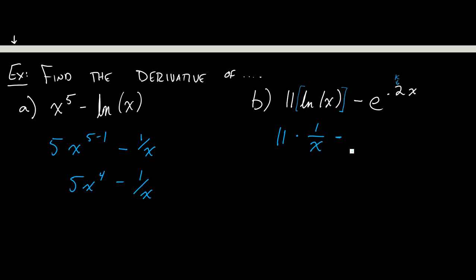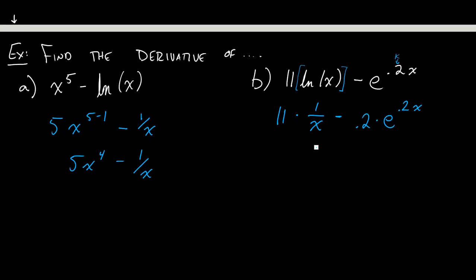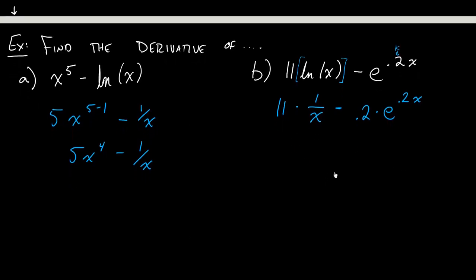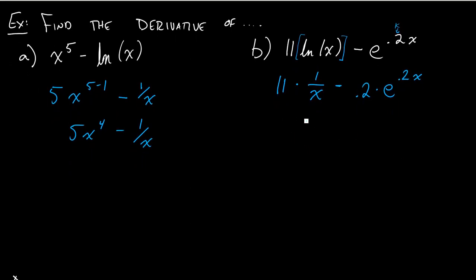If you remember that formula from earlier, the derivative of e to the kx was equal to k times e to the kx, so we'd have a 0.2 times e to the 0.2x. If I want to write it a little bit nicer, I would write 11 over x minus 0.2 e to the 0.2x.